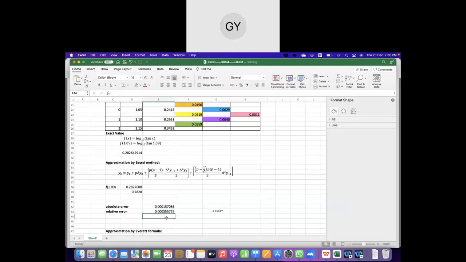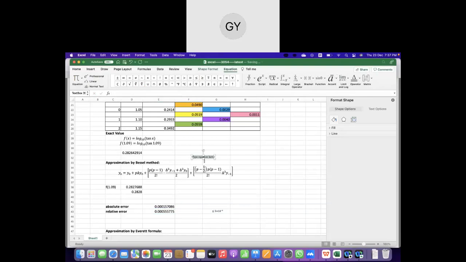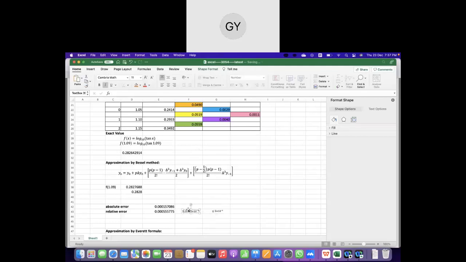Enter, then the answer is 0.000555775. Then we can also write it like this: 5.55775 times 10 to the power of -4. Then comparing with 5 times 10 to the power of -t, we can say that t equals 4.